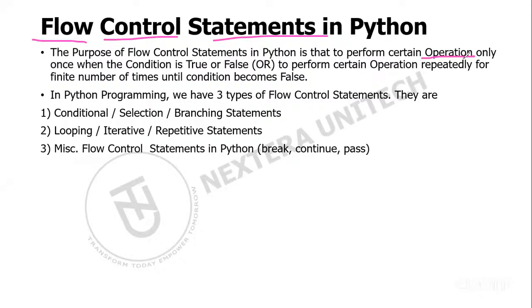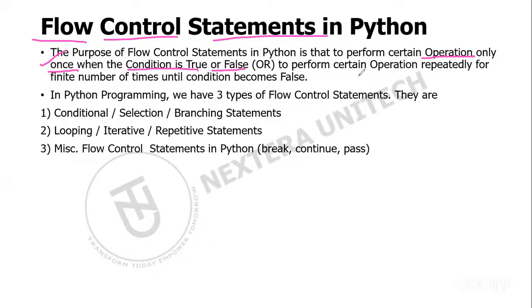That means we can perform a certain operation only once, when the condition is true or false. So either the condition is true or false, a certain operation can be done once.